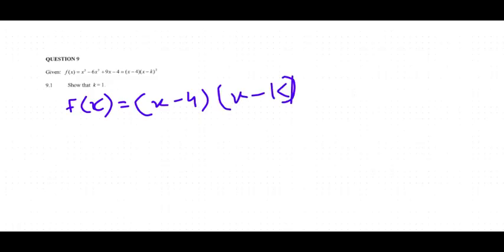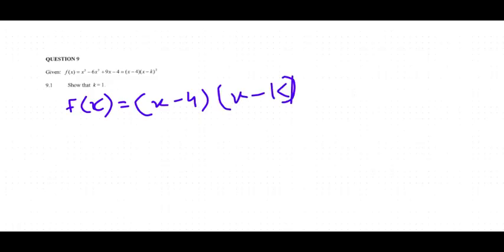We have f of x equals x minus 4 into x minus k whole squared. So I'm going to put k equals 1.